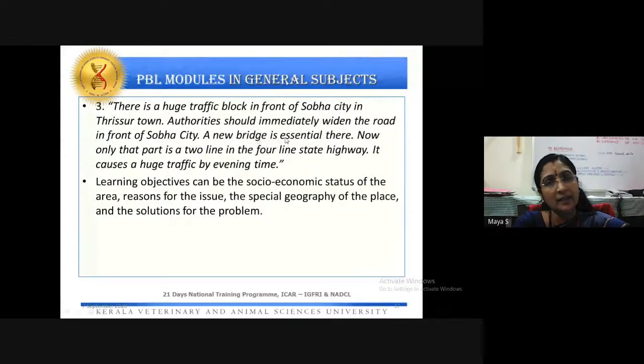So it is a very important passage connecting Thrissur with another district, and it also goes to a very busy temple. Because of that narrow bridge, that was primarily the reason for the traffic block near Shoba City. So when a student goes through that problem, he will have to go to that particular place and find out what the problem is, and also he has to resolve it and find a solution to that particular problem.